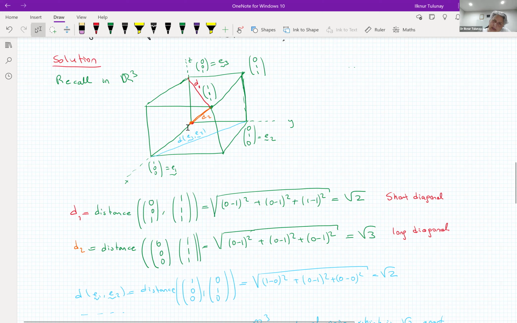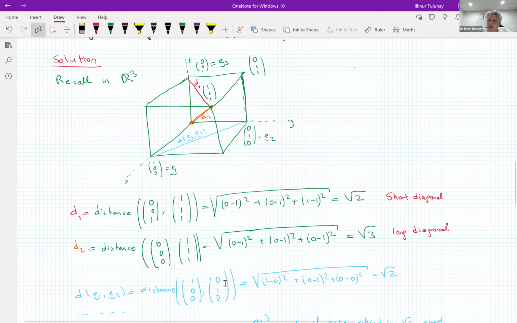We can also ask what the distance D2 is. This point here is 0, 0, 0, and this point is 1, 1, 1. Then all the differences are 1 squared, 1 squared, 1 squared, and the square root gives us root 3. And if we look at the distance from E1 to E2, we can calculate it with 1, 0, 0 and 0, 1, 0.